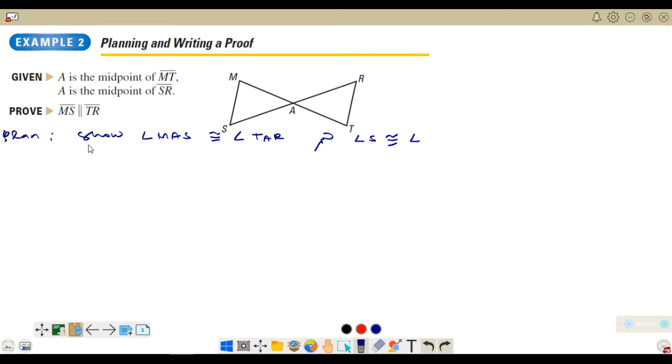Show that angle MAS is congruent to TAR and angle S is congruent to angle R to prove that triangle SAM is congruent to triangle TAR or RAT.